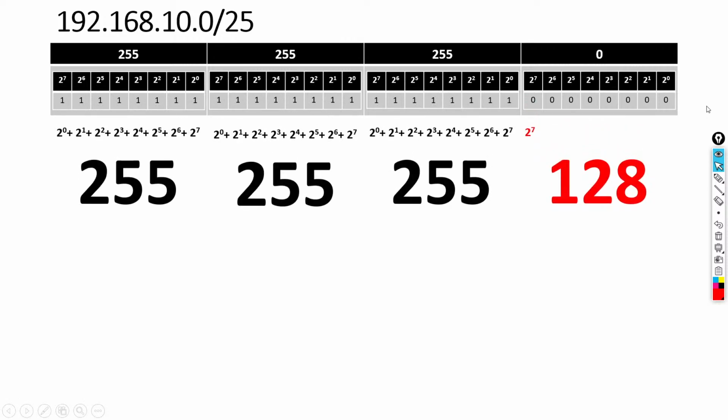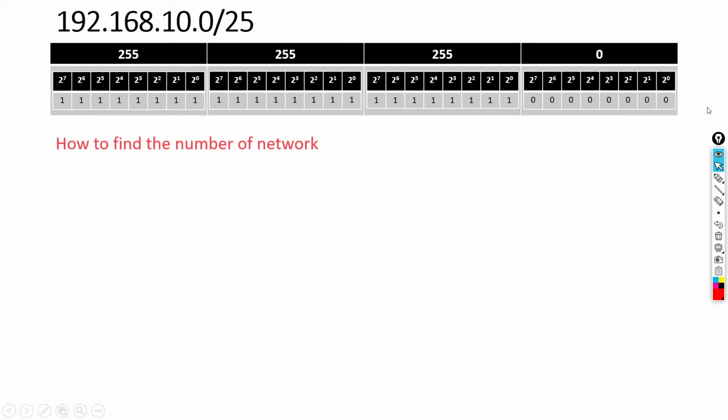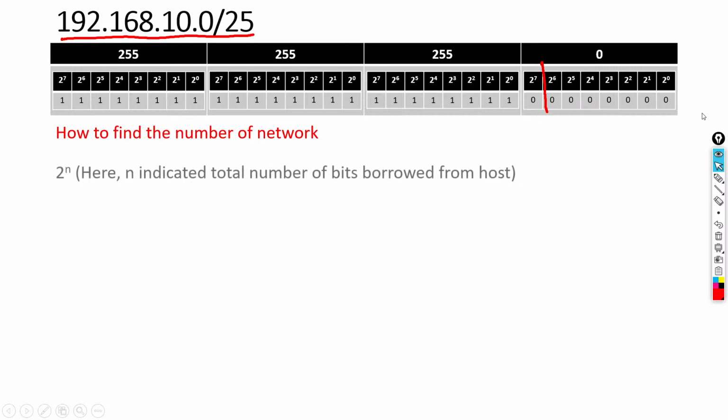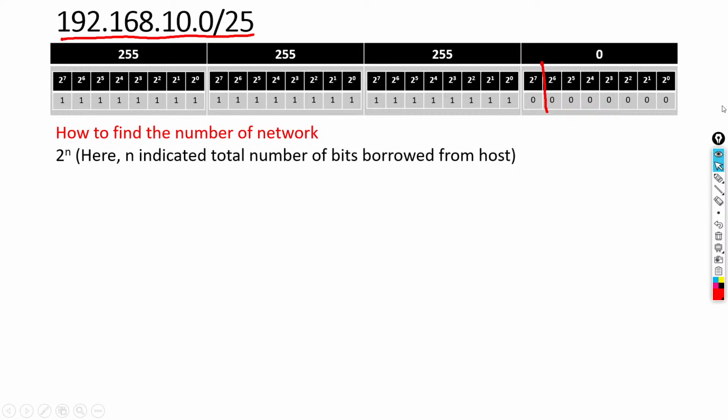Next, how to find the number of networks? For example, if we have borrowed 1 bit from the host, how many networks can we create from this particular subnetting? Done. So the formula to find the number of networks is 2 to the power n, where n indicates the total number of bits borrowed from the host.